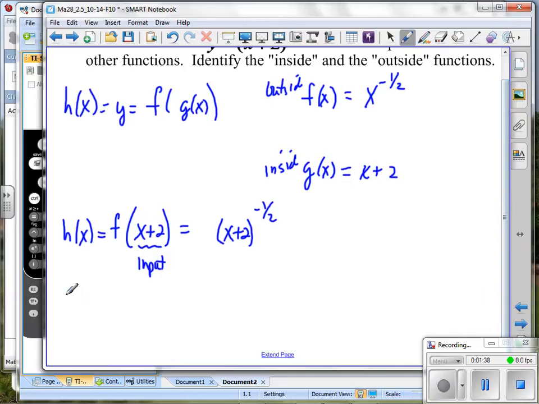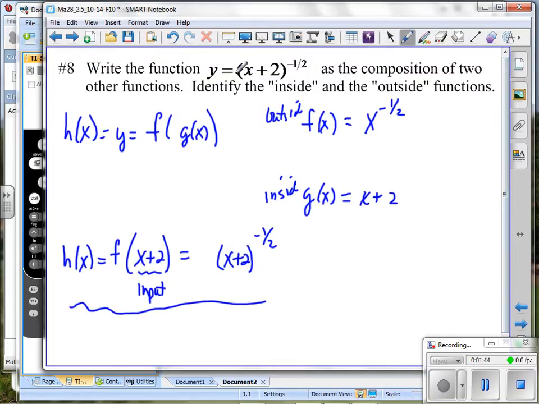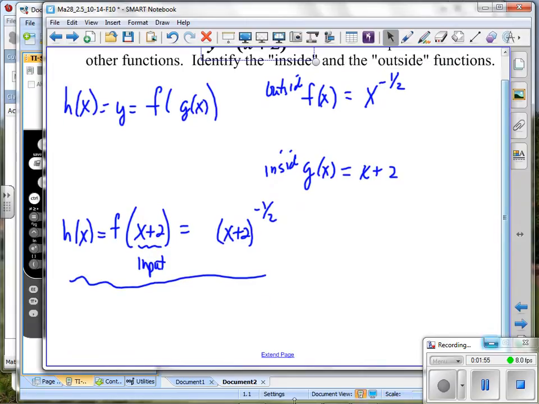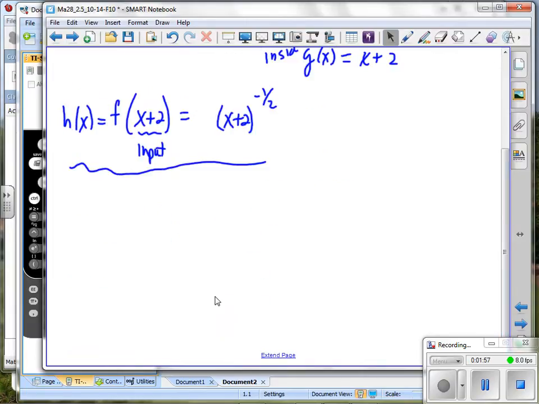So we're going to take the derivative, and I want the derivative of this. I'm going to write it one more time here. So we're going to find the derivative of that.